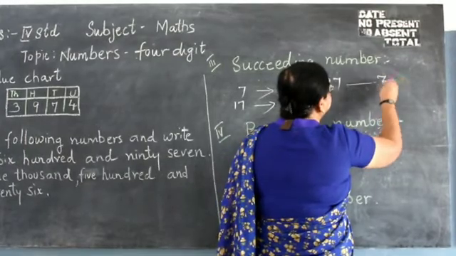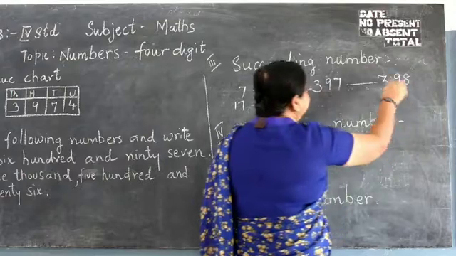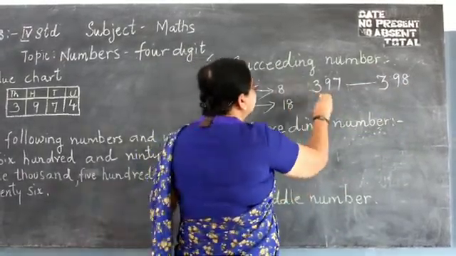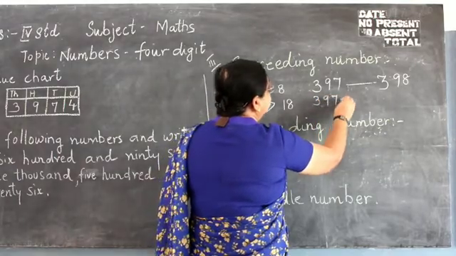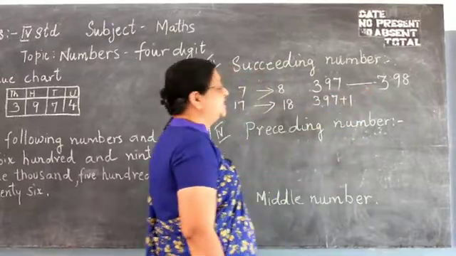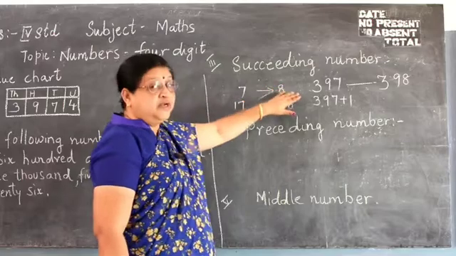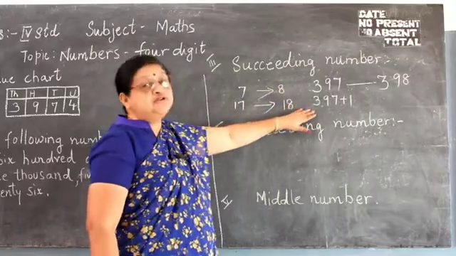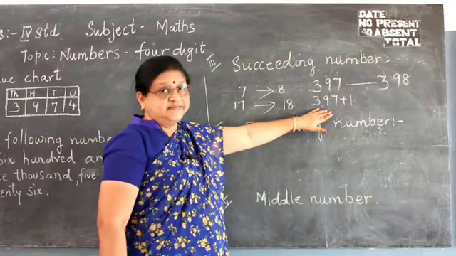It will become 398. How did you get 398? Simple, children. In succeeding, you will write 397 plus 1. You get 398. So in succeeding, you can do mentally, you can do orally, but if you find it difficult, you just add plus 1. Okay.